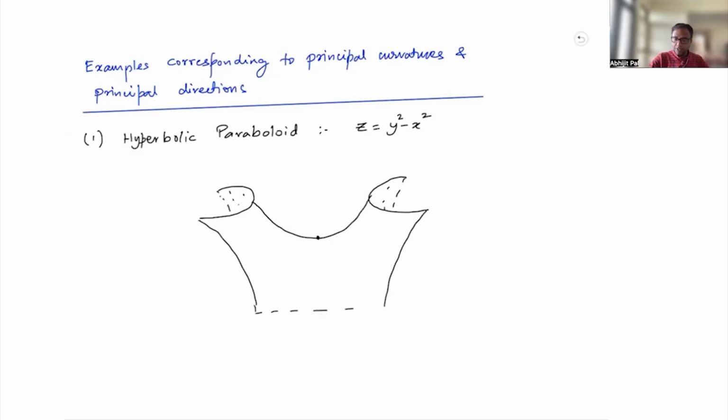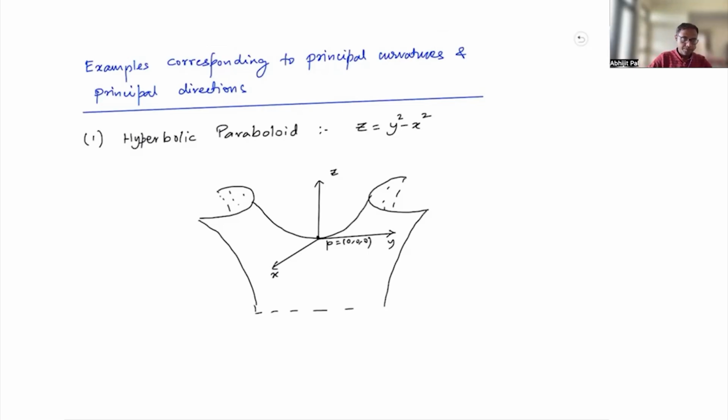And let us take this point, which is my origin. And also let us draw the axes. This is my x-axis, this is y-axis, this is z-axis. So we'll be finding principal curvatures at the point P, where this P is the origin.